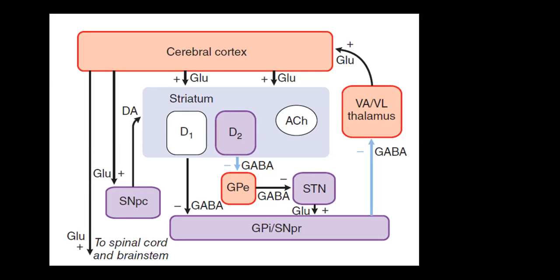And the increased activity in this structure in turn inhibits the subthalamic nucleus, substantia nigra pars reticulata, and globus pallidus interna, resulting in a loss of inhibition to the ventroanterior and ventrolateral thalamus and increased thalamocortical excitatory drive. Next slide.